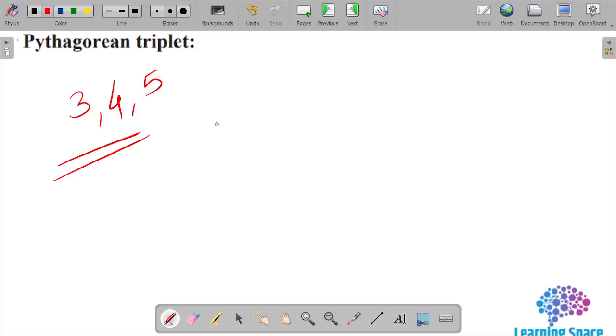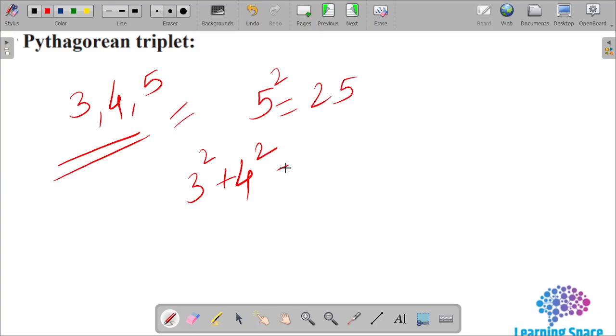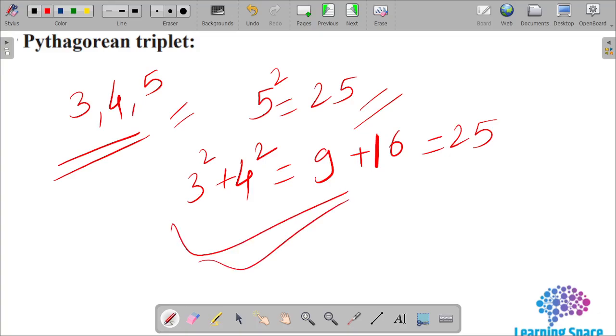The largest number here is 5 and the square of 5 is 25. Now the squares of the remaining two: square of 3 added to square of 4. Square of 3 is 9, square of 4 is 16, and the sum comes to be 25. The square of the largest number is equal to the sum of squares of the remaining two numbers, so this is definitely a Pythagorean triplet.